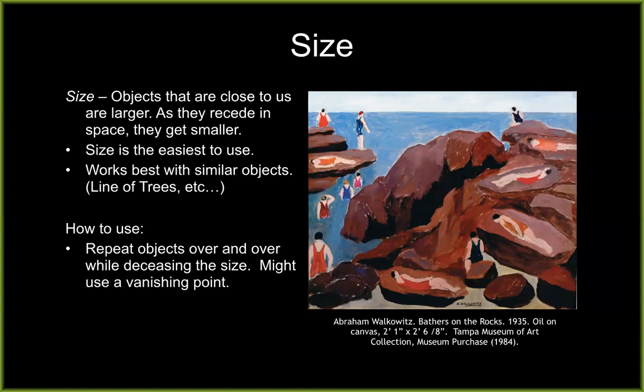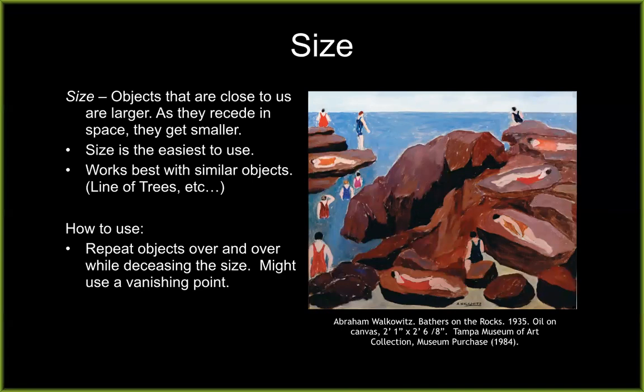It does work best with similar objects as we see here in this example, the figures. We have the larger ones down near the bottom, and then the smaller ones as we go up through the picture. And our mind says, oh, those must be farther away than these ones near the bottom, which we read as being in the foreground.